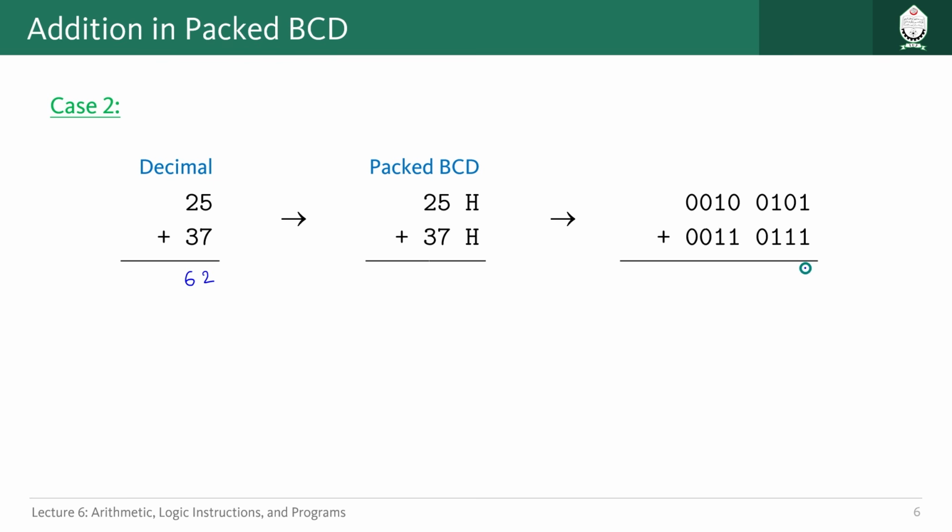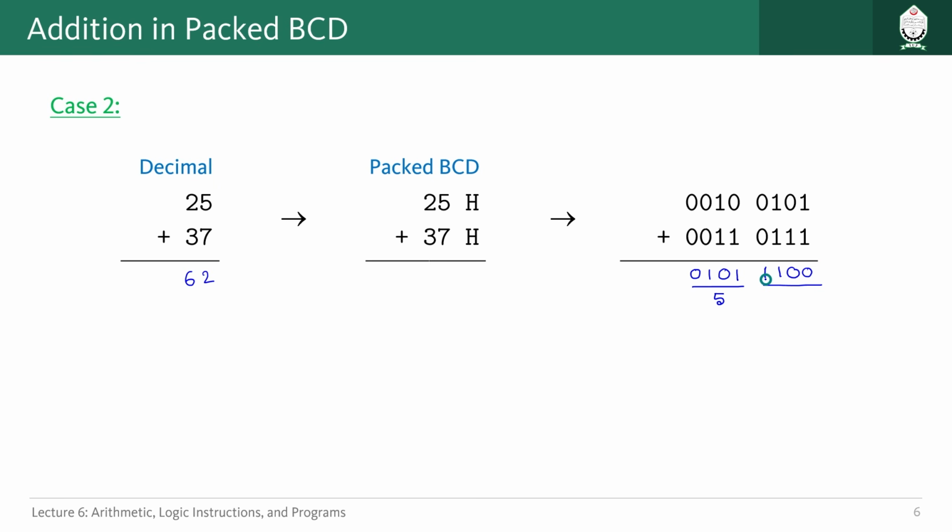So let's try to add these two values. So this will be 0 0 1 1, then 1 0 1 0. So this is actually 5 and this is what? 1 1 0 0.